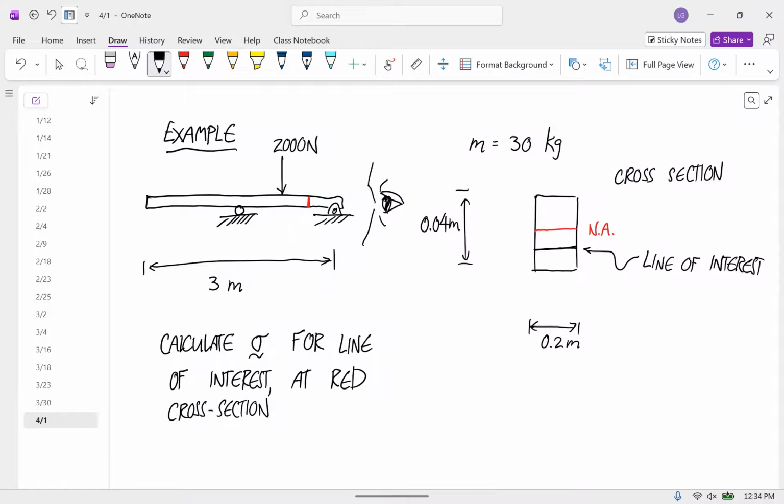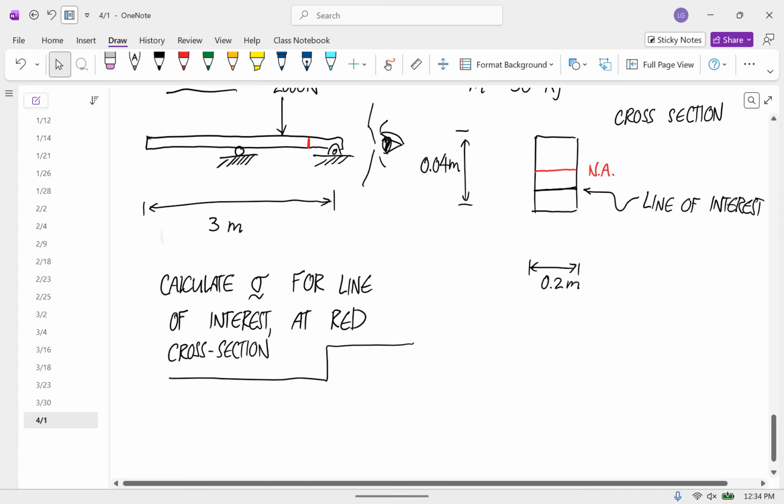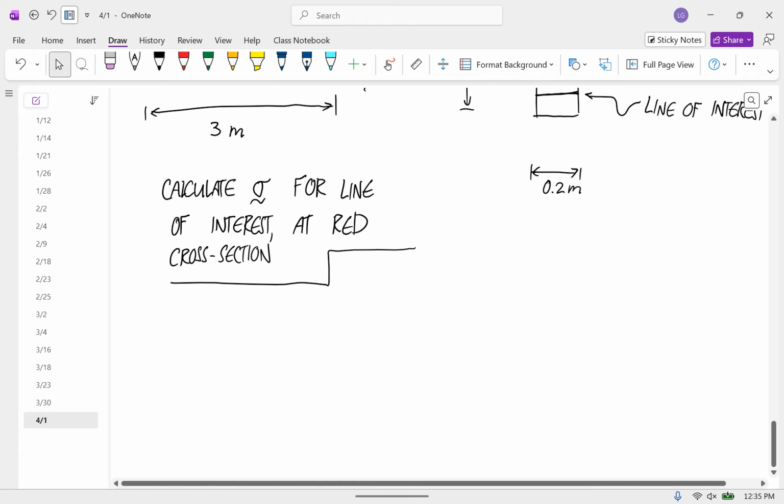Okay, the first thing we have to do is calculate the internal loads at the line of interest. And before we can do that, we have to calculate the external loads.